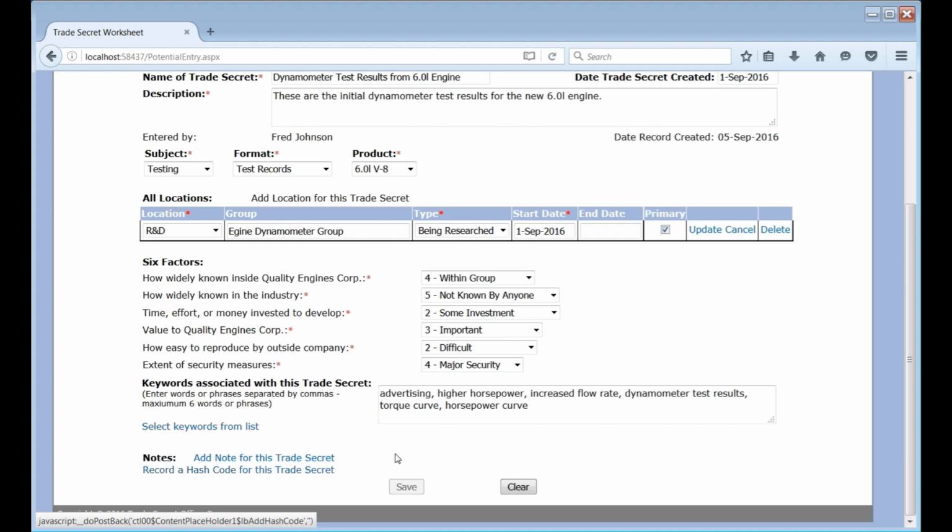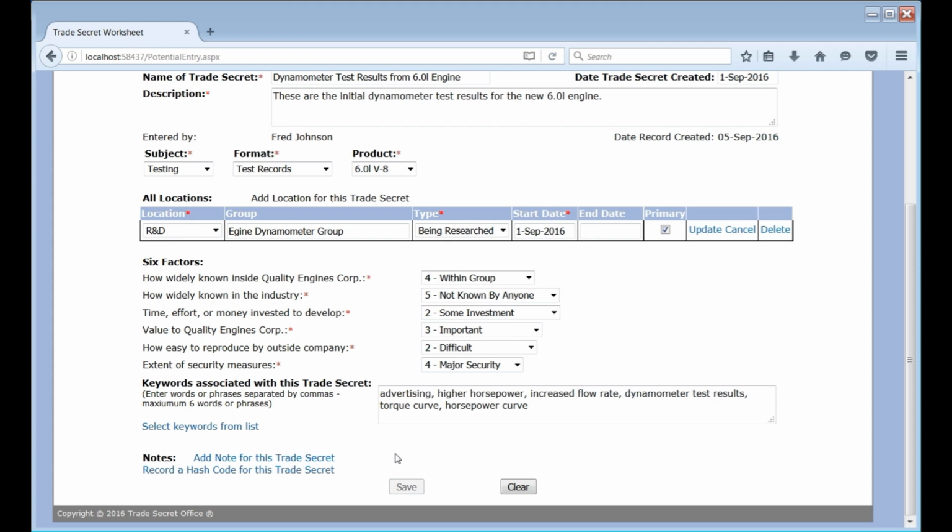What I can do, just like a book in the library is tied to the library card catalog card for that book, the card catalog card has a number on it, and that book has that number on the back. So how am I going to relate this entry to the actual trade secret?